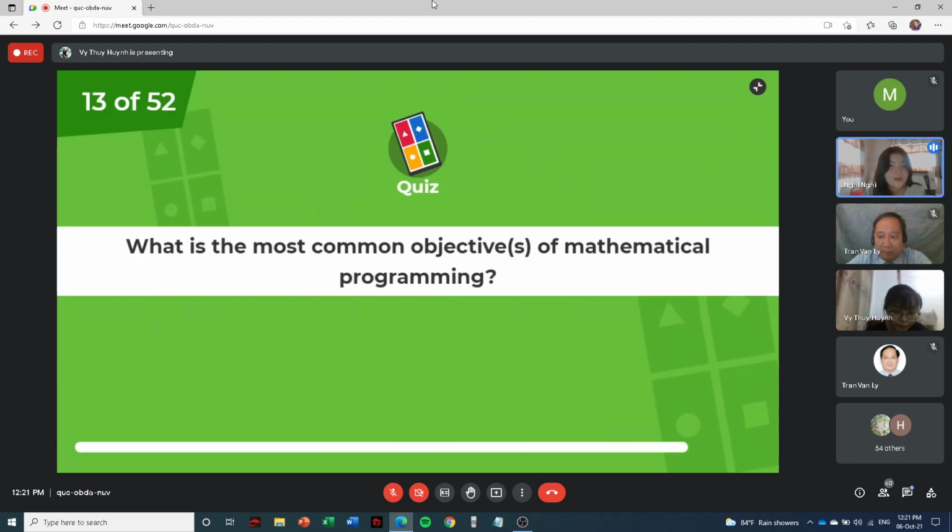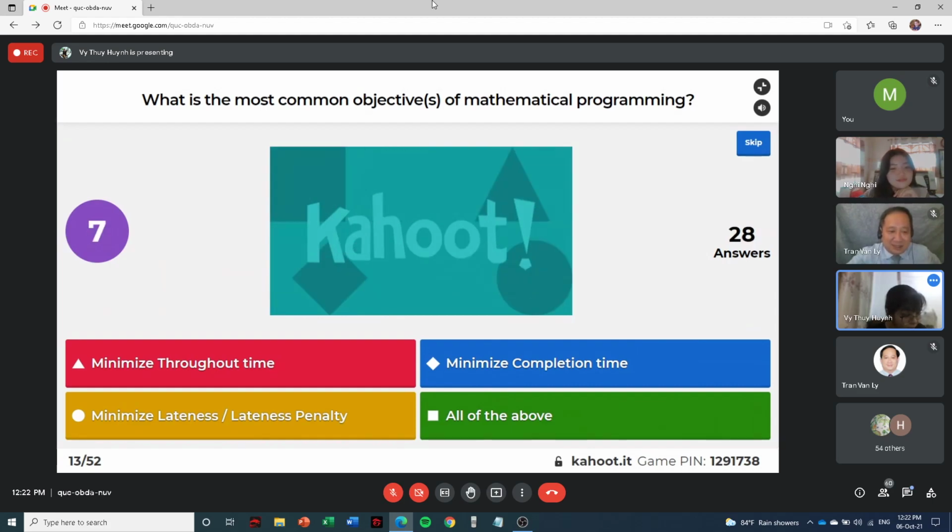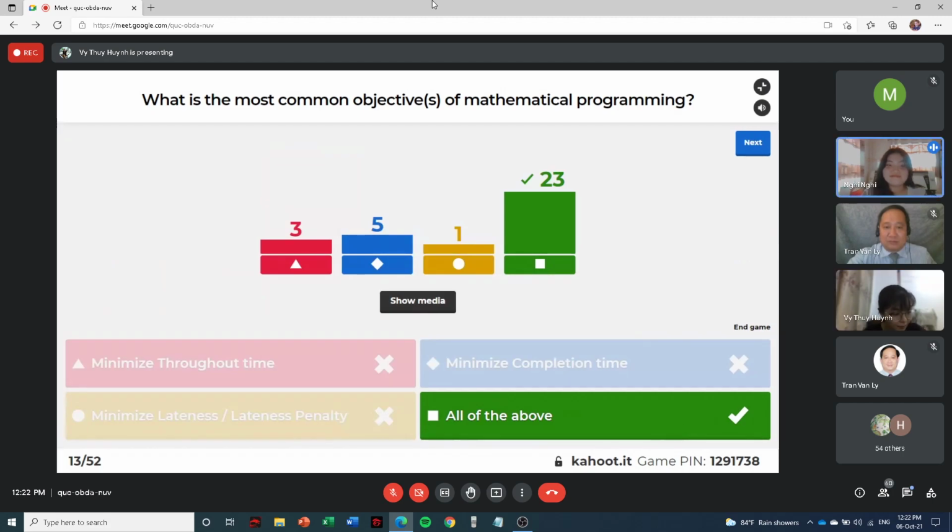Okay. What is the most common objective of mathematical programming? Yeah, all of the above is probably always correct, right? Okay.